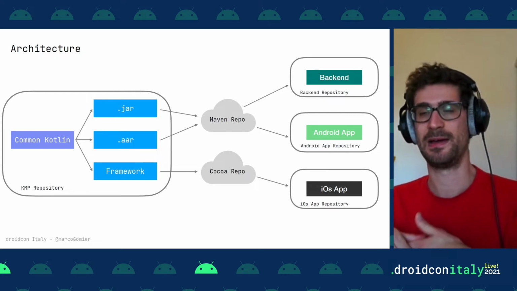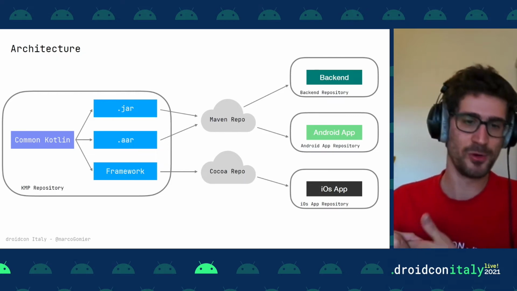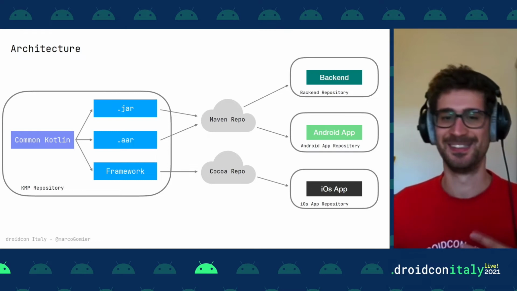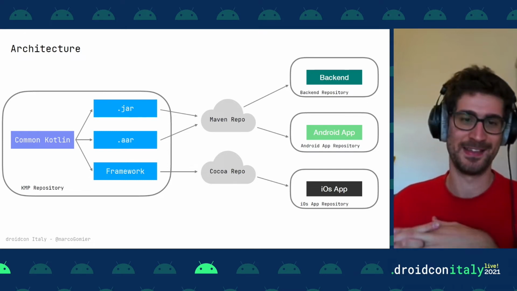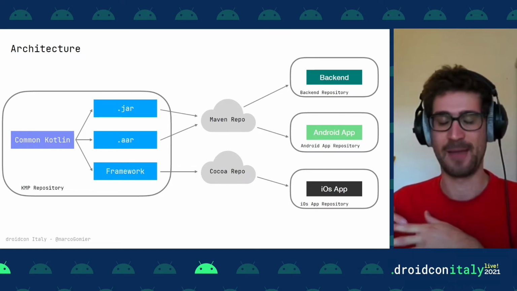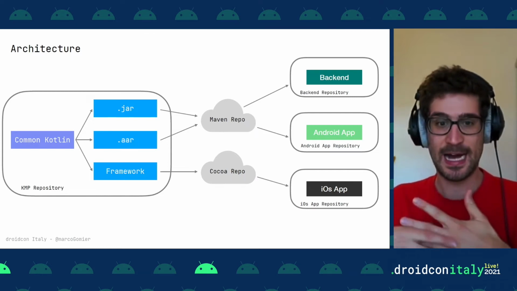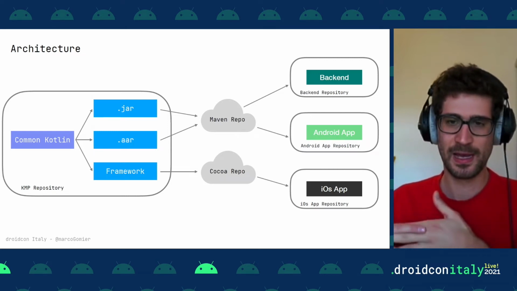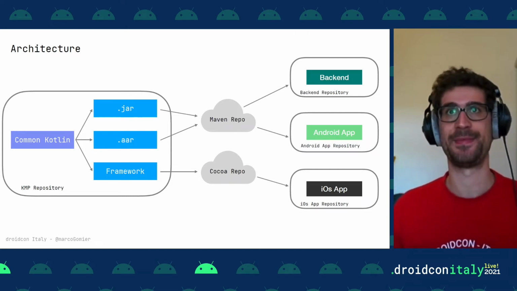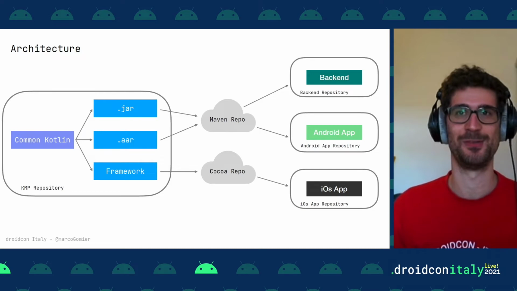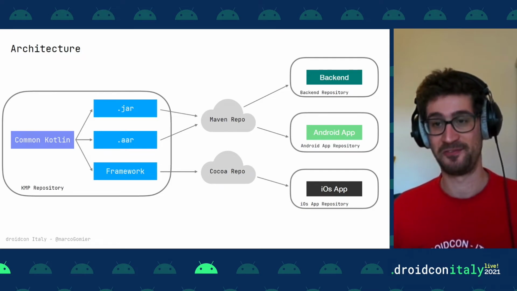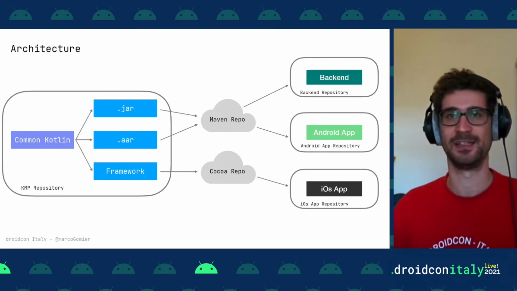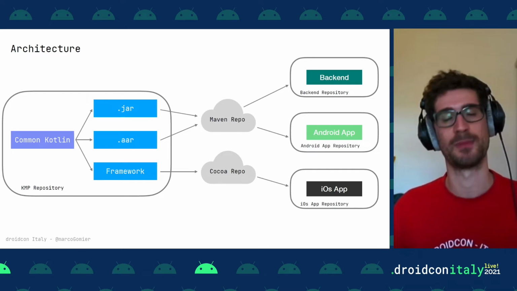And for iOS, there will be a framework, which is the equivalent of the jar and AAR for the Apple world. These artifacts will be deployed into a dependency manager, and then the dependency will be pulled from the different projects like normal libraries.